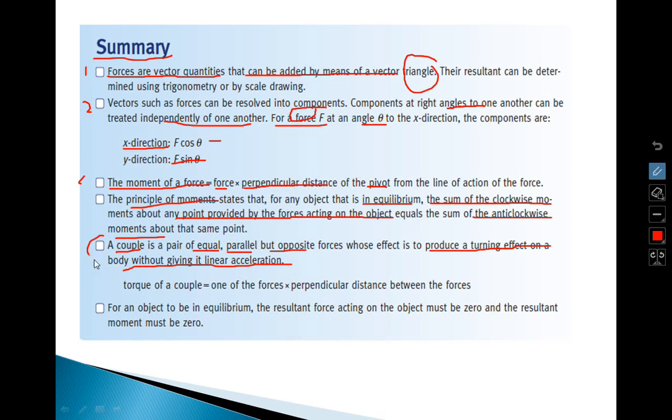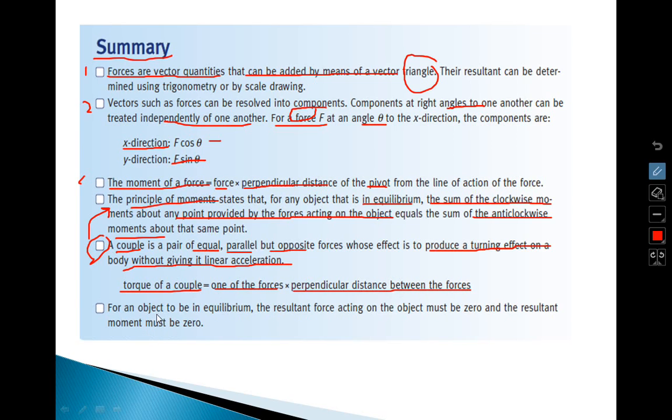It's a special case of the moment. So the torque of a couple equals one of the forces times the perpendicular distance between the forces.